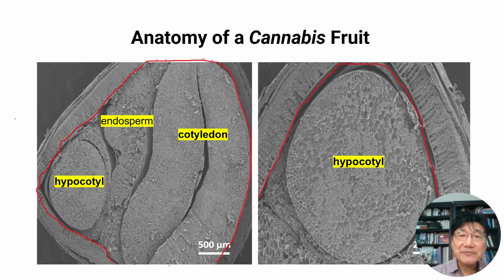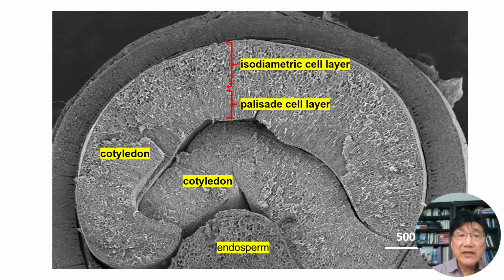These are scanning electron micrographs of a cross-sectioned cannabis fruit showing two cotyledons, hypocotyl and endosperm of a seed. The red line marks the boundary of a seed. The cotyledon is composed of two distinctive layers, the isodiametric cell layer and the palisade cell layer.